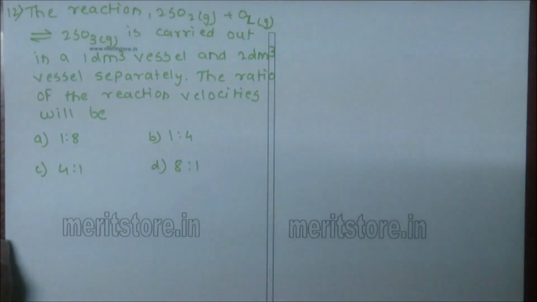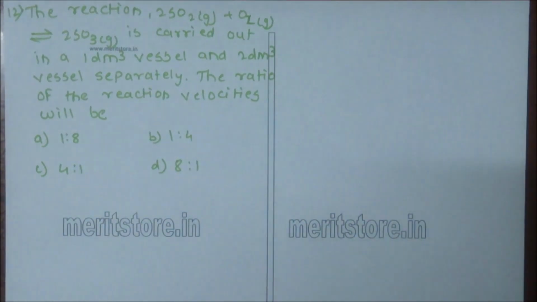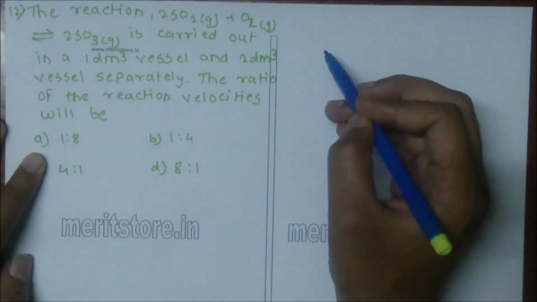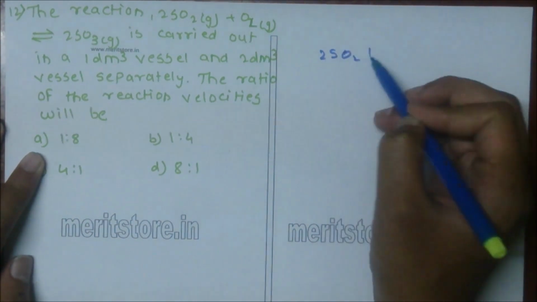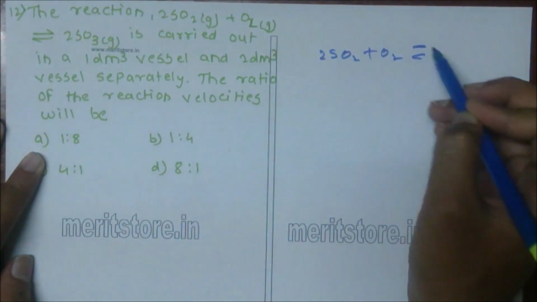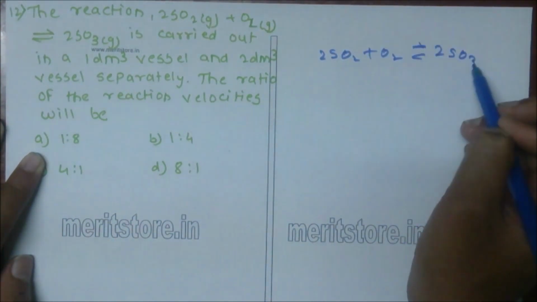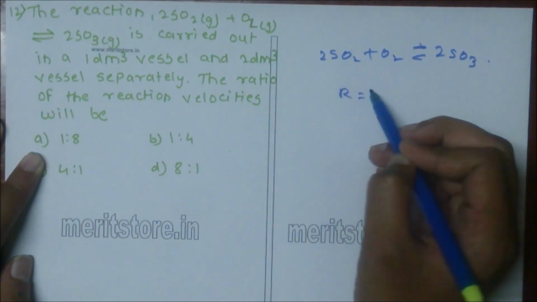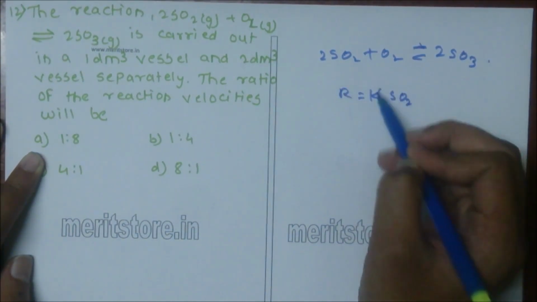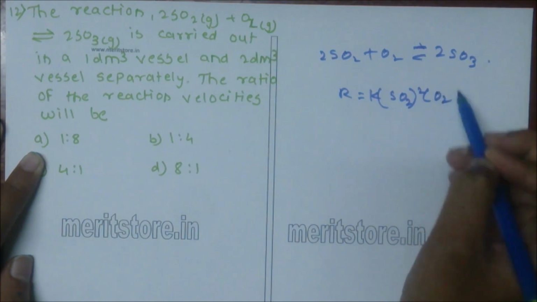The reaction 2SO2 plus O2 gives 2SO3 is carried out in a 1 dm³ vessel and a 2 dm³ vessel separately. The ratio of the reaction velocities will be? The reaction is 2SO2 plus O2 gives 2SO3. For 1 dm³, R is equal to K [SO2] square [O2].